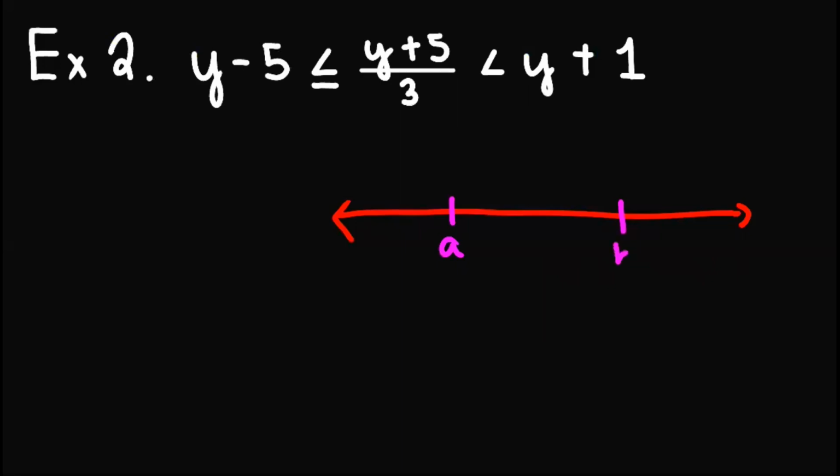If we have here A and B, then if we have a chain inequality, most likely our inequality will be something like this. So our goal is to eliminate the variables on the left and right side and just make it a constant value. And in the middle, our goal is to make it just a single variable.